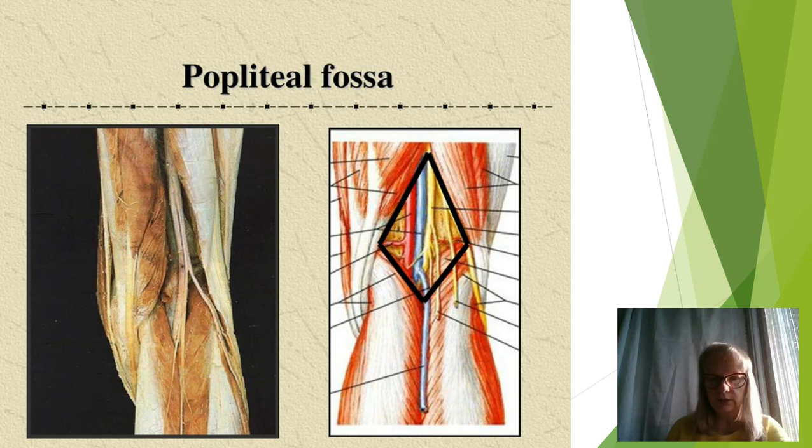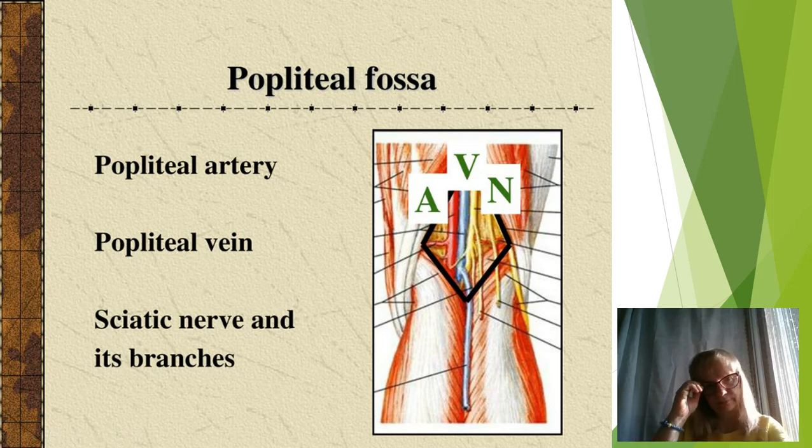The popliteal fossa has content: a neurovascular bundle. There we have the popliteal artery, vein, and the tibial nerve. Around also we have fat and lymphatic nodes. So the popliteal fossa structures, we said, are the popliteal artery, vein, and here you see the branches of the sciatic nerve.